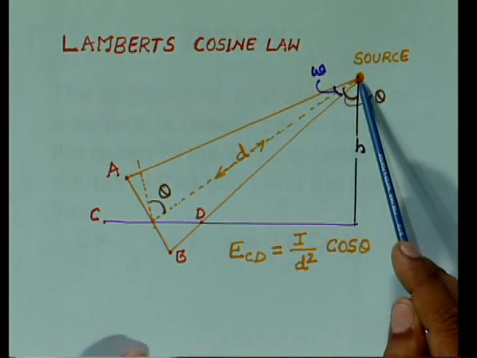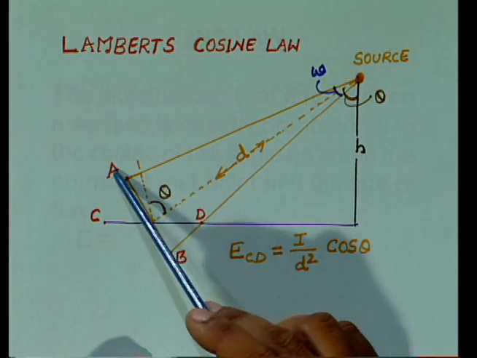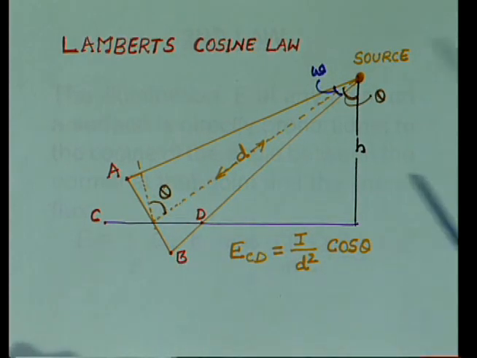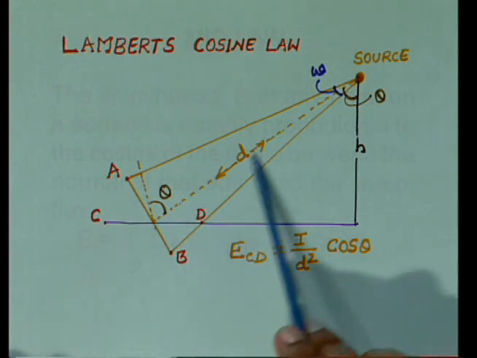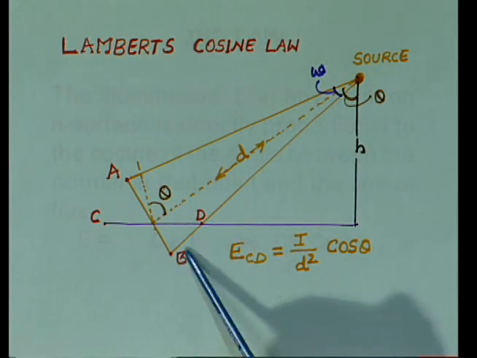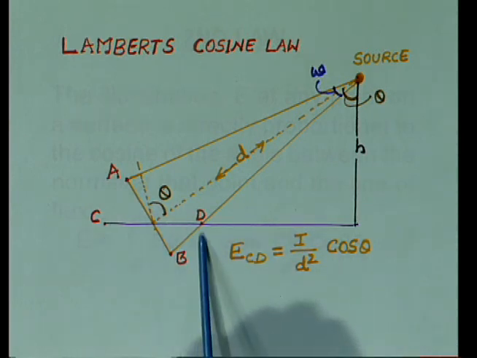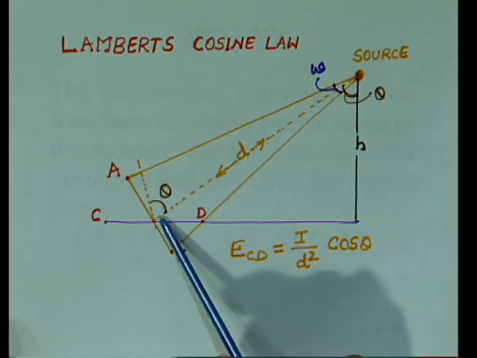Now, you can see through this figure. Now, this is the source and this is the working space, AB is the working space and having a distance or height of h meters, and this source is having a distance of d meters from the working space. AB is the normal working space and CD is the vertical space, can be defined as AB by cos of the angle cos theta.